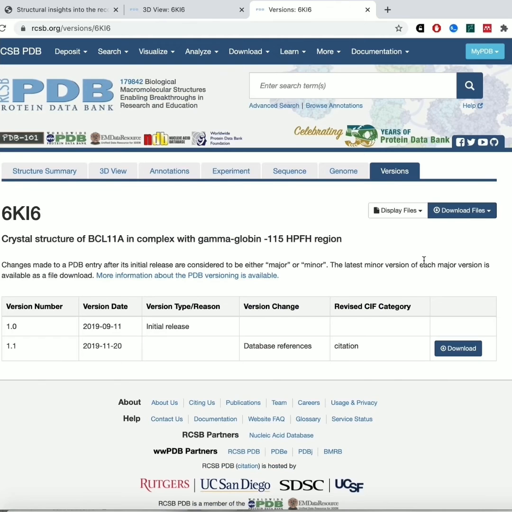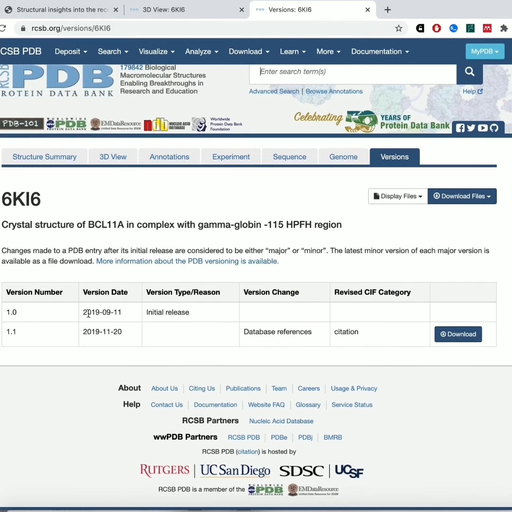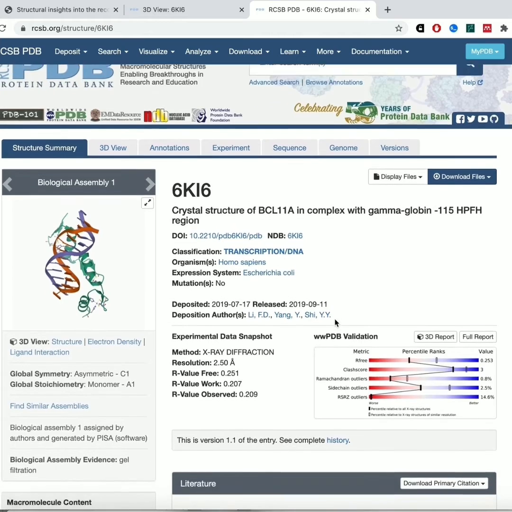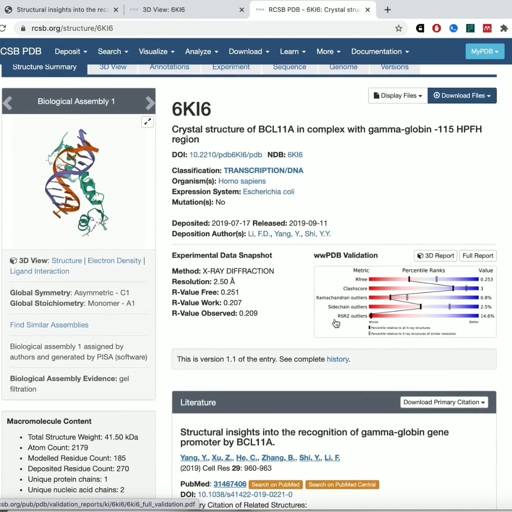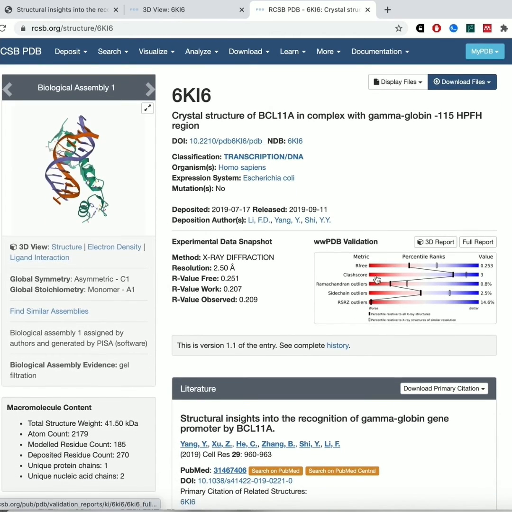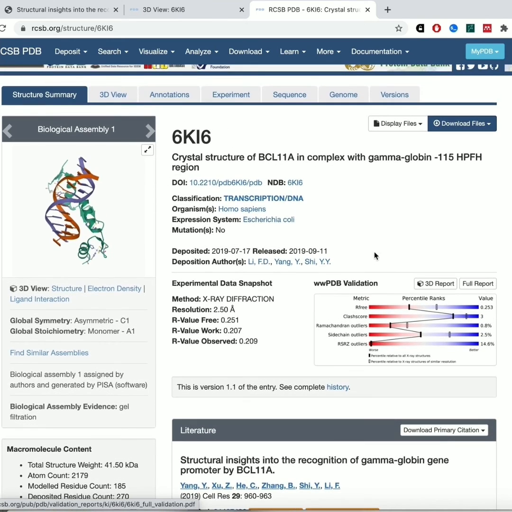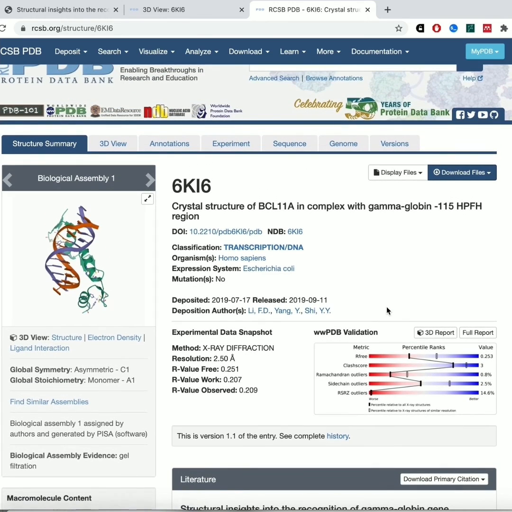We can also look at versions. Sometimes they will have multiple versions released. It doesn't look like that's what happened here, but sometimes people will do PDB-REDO, where they make corrections to their model to help it better fit the data and be more geometrically ideal, so you might get different versions.